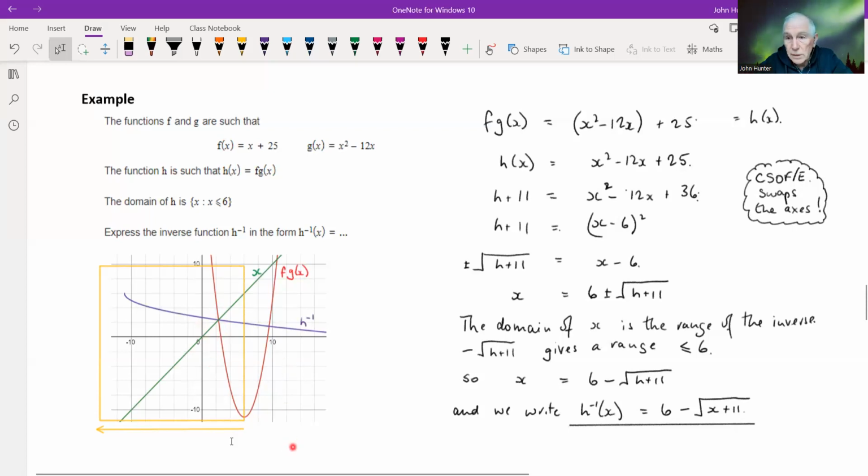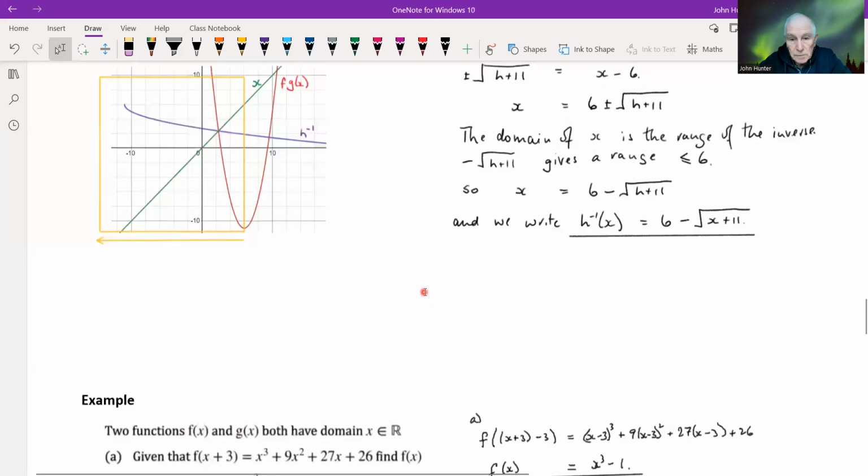So yeah, that's how we do that. This is a little bit more complicated. We could see simpler examples of this, where we didn't have to think through this a little bit, which takes a little bit of thinking through. But that's what that is.